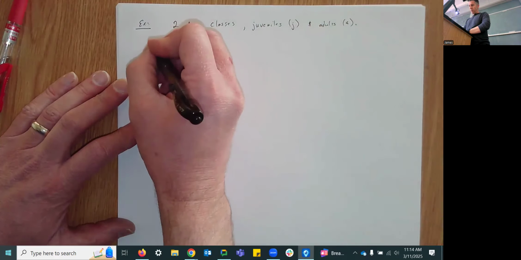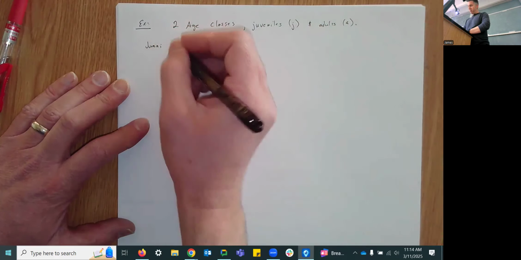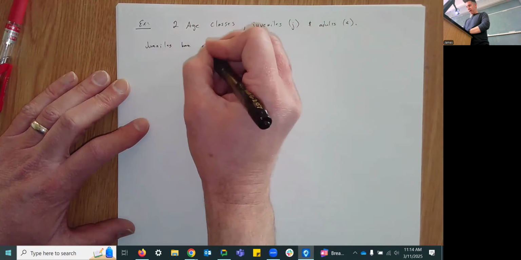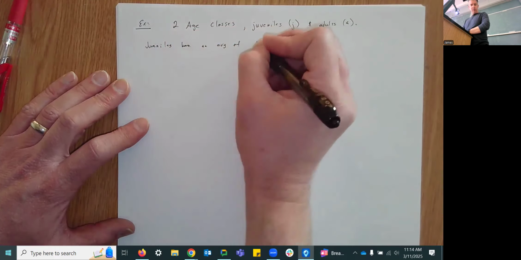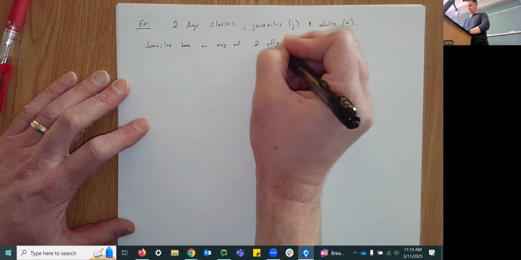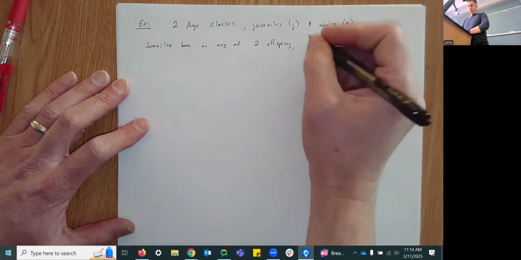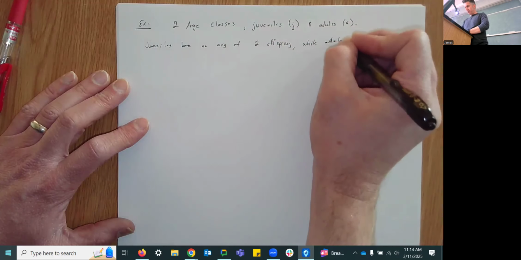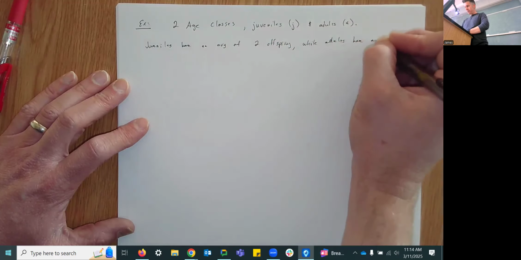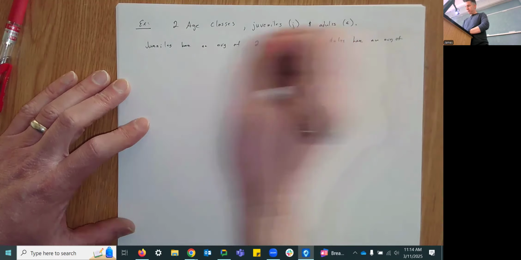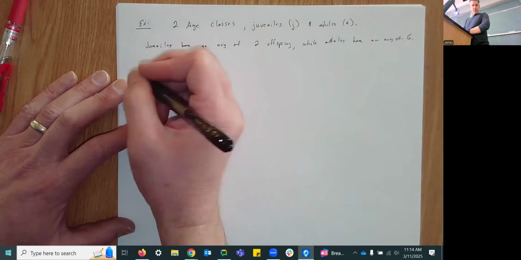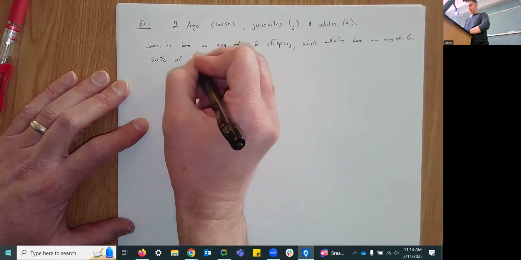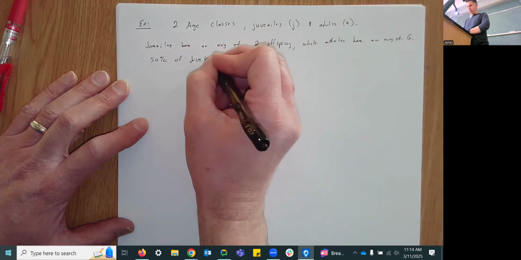Juveniles have an average of 2 offspring, while adults have an average of 6. 50% of juveniles move on to adulthood.